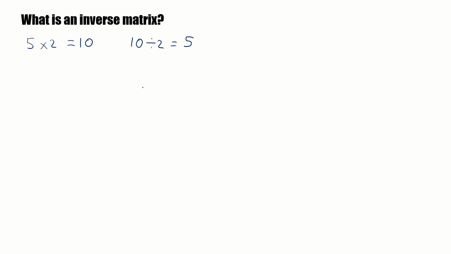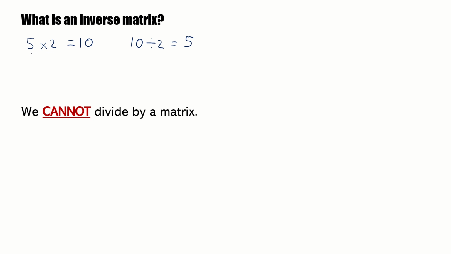However, that's a bit of a problem when it comes to matrices, because we cannot divide by a matrix. So what do we have to do instead? Well, the other option we have when it comes to numbers is, instead of inversing the operation, we can inverse the number that we applied with the original operation.